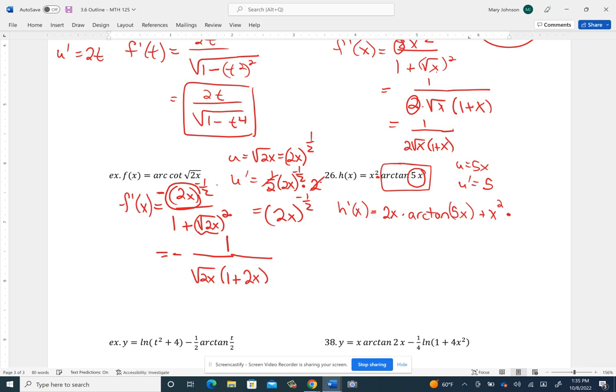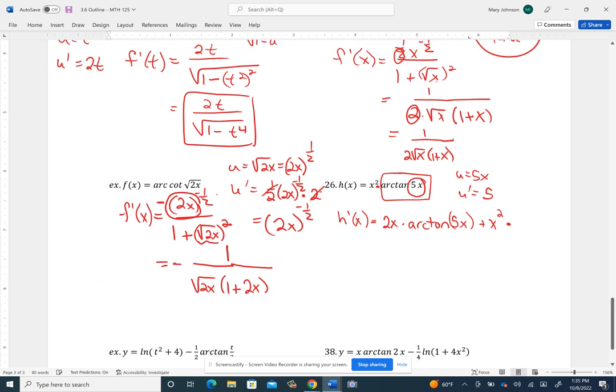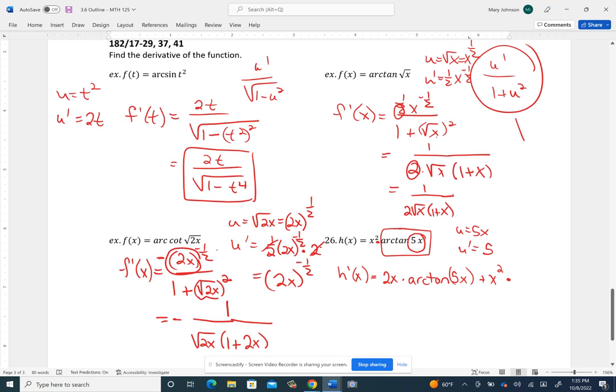So we did that earlier. So let me move this down a little so you can see the formula. That was the formula for the derivative of arctangent. So it's u prime, which is 5, over 1 plus the u, which is 5x, in parentheses, squared. Okay.